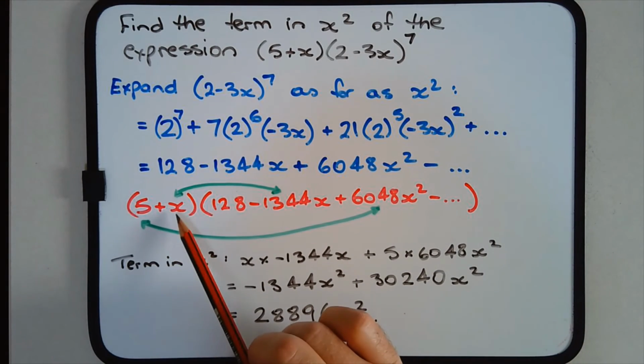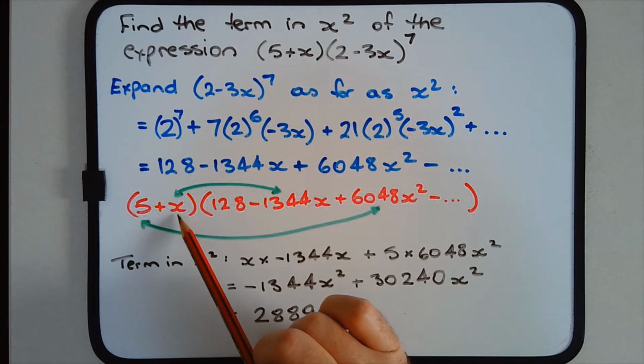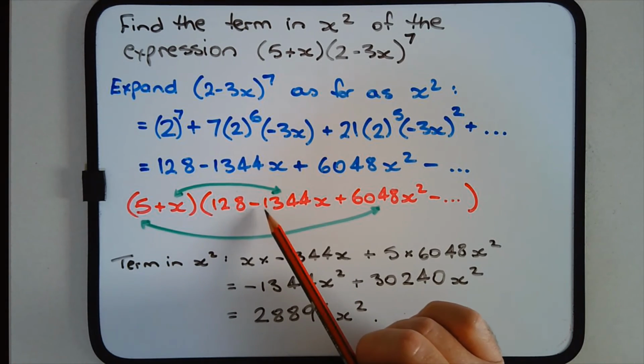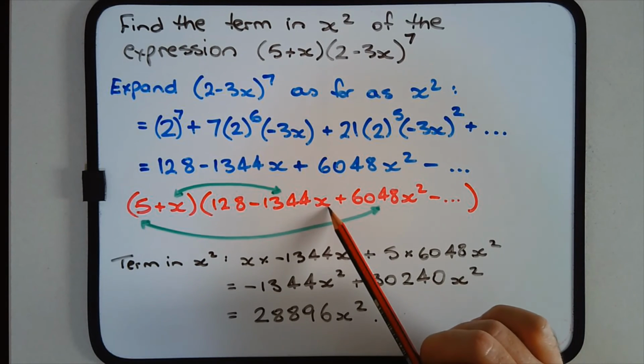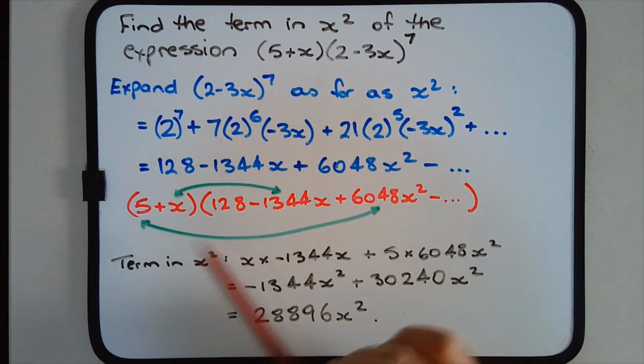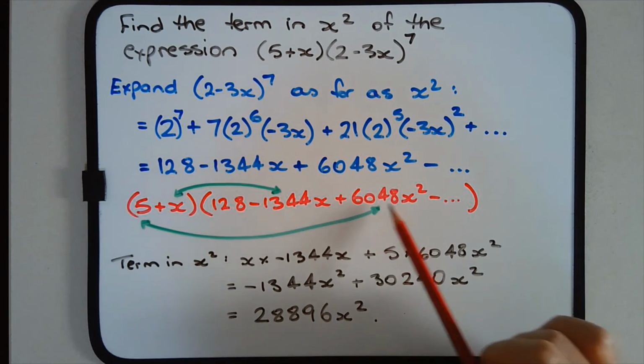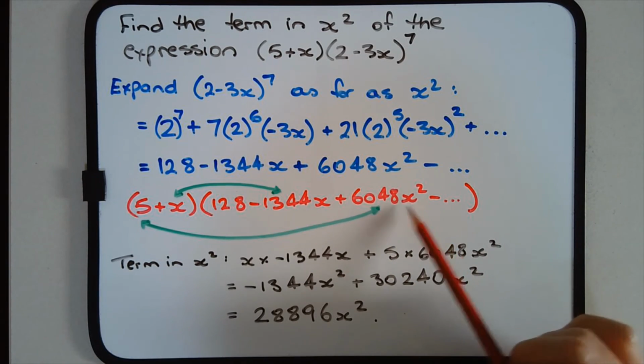We can take the x in the first set of brackets and multiply it by negative 1,344x, and that gives us our first term in x squared. Another way is to take this 5 here and multiply it by 6,048x^2 here.